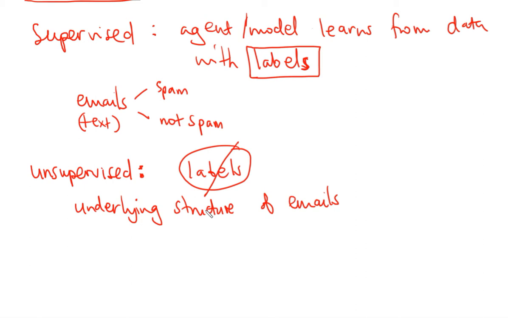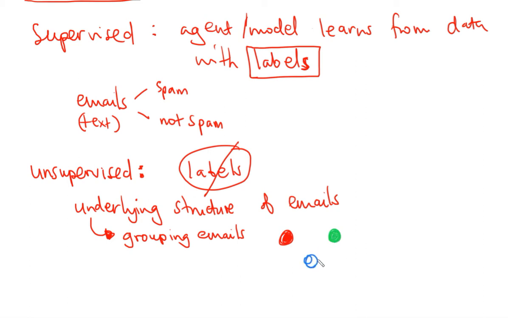And when it does that, it will start grouping emails that are similar, such that emails in one group are similar to each other and very different to emails in another group.